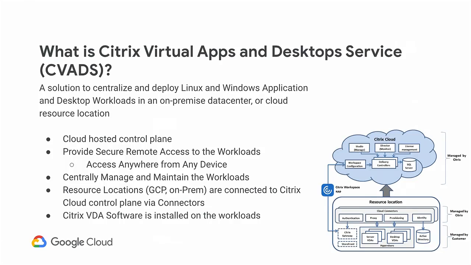The key components here that we'll start to break down are the Citrix Cloud Connectors, the component that provides the link between the customer's GCP resource location and the Citrix Cloud control plane, as well as the VDAs, the virtual delivery agent that we install on the virtual desktops or the Windows server or Linux server to provide access to the applications on them.